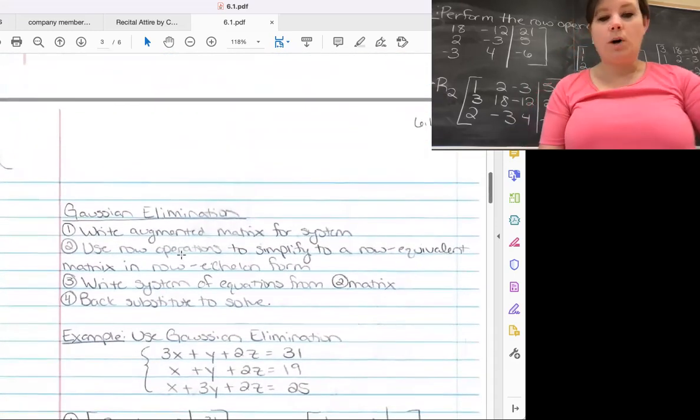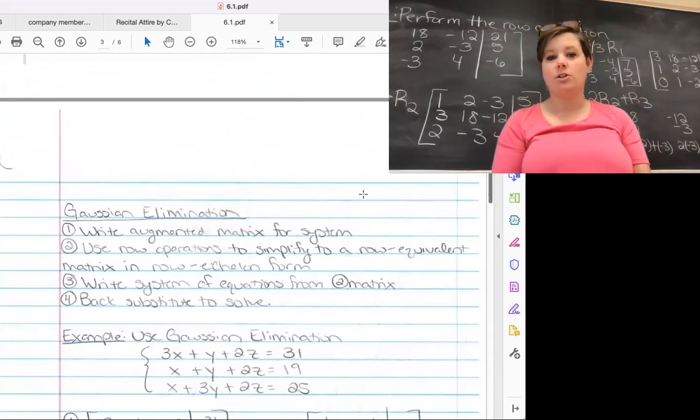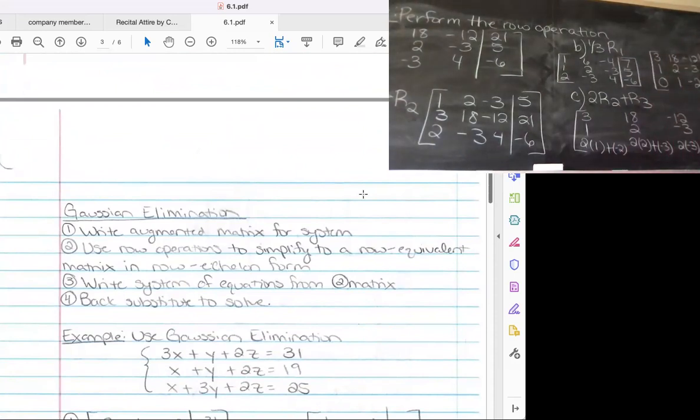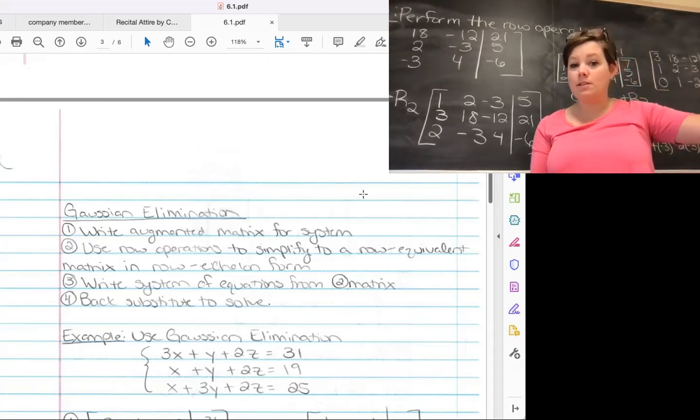All right, so why in the world do we learn those matrix operations? Well, we learn them so that we can do Gaussian elimination. That sounds weird, but it's just because the mathematician who came up with this method is known, his last name was Gauss.